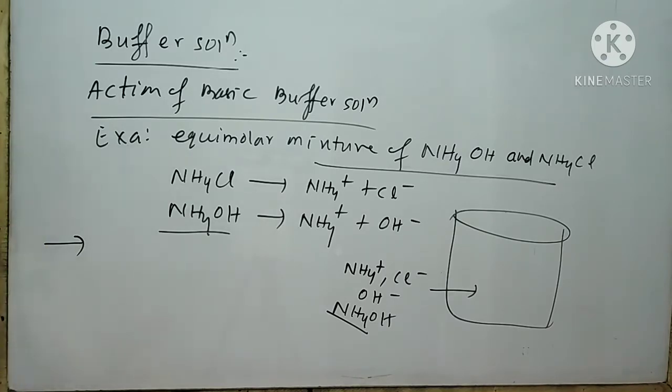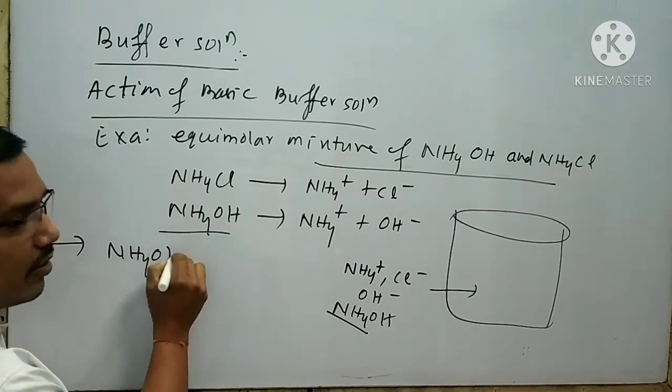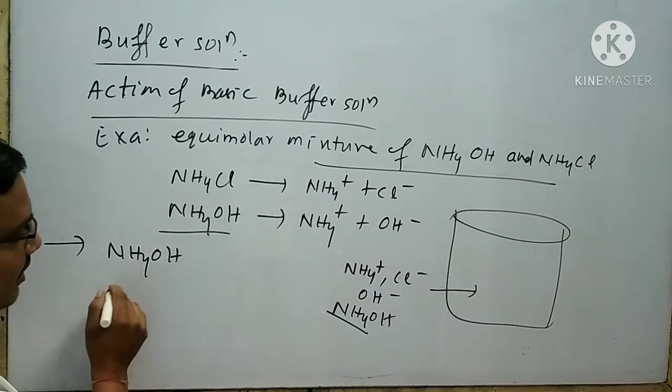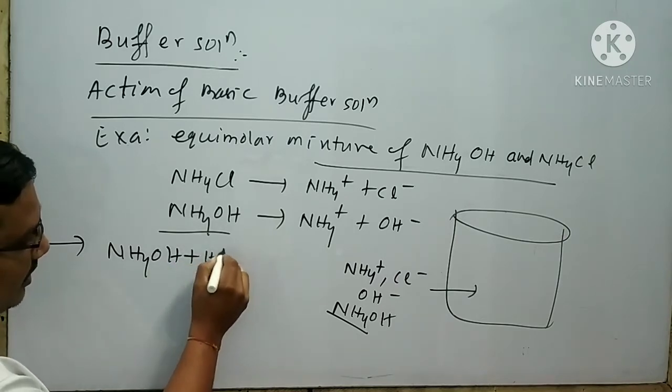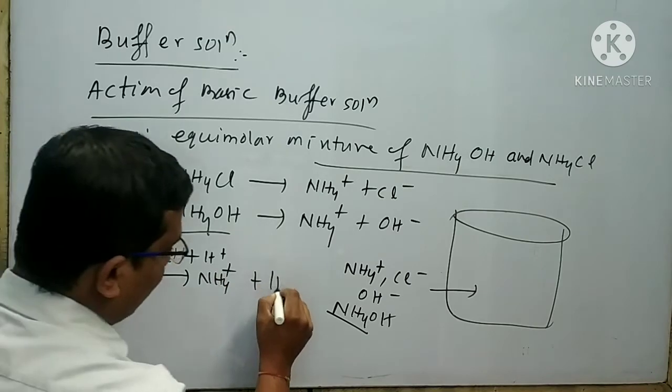The added H+ ion suddenly reacts with the unionized ammonium hydroxide to form the NH4+ ion and water. I can write the reaction like this: NH4OH + H+ gives NH4+ + H2O.